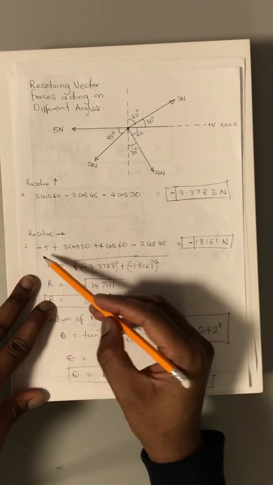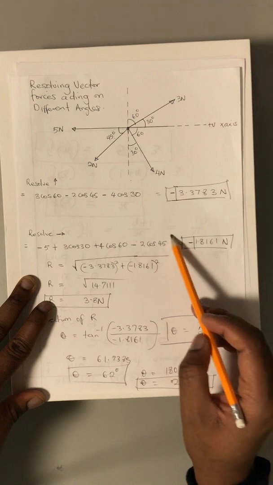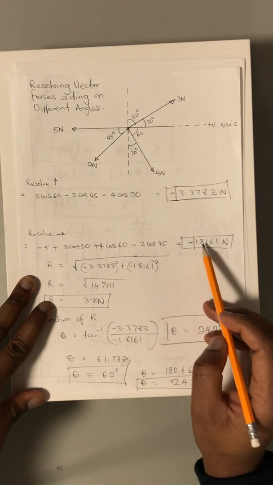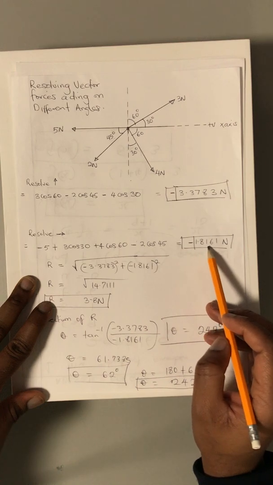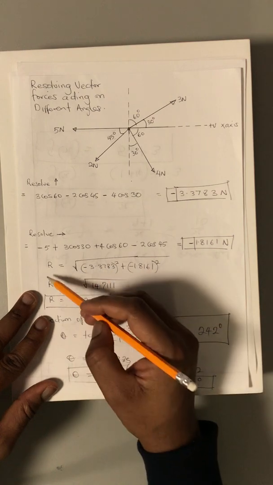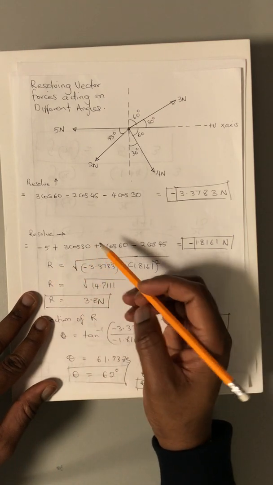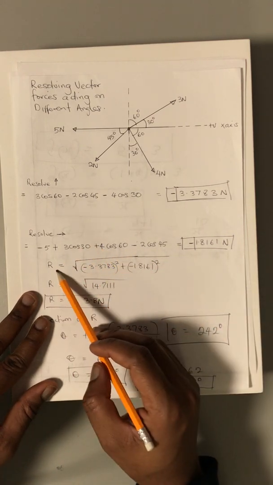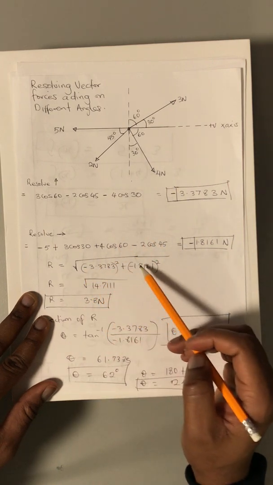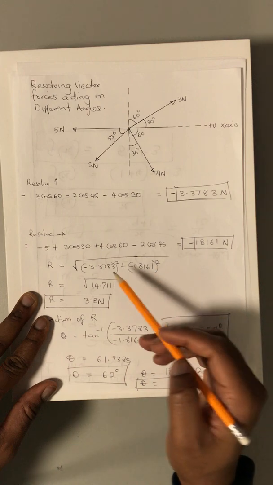So therefore, by inputting all these entries into our scientific calculators, we have minus 1.8161 Newton.